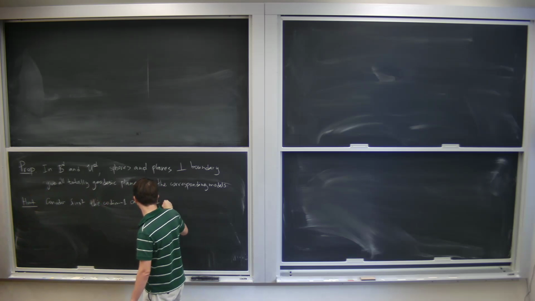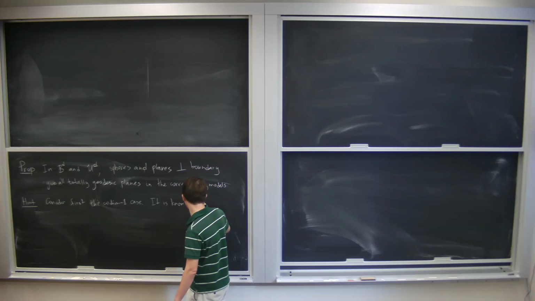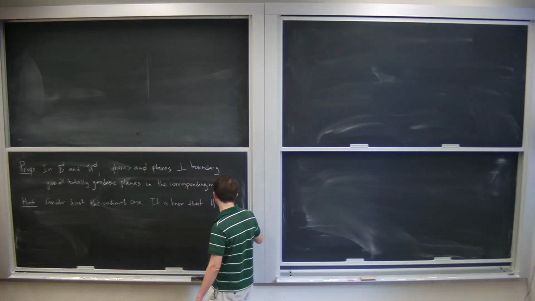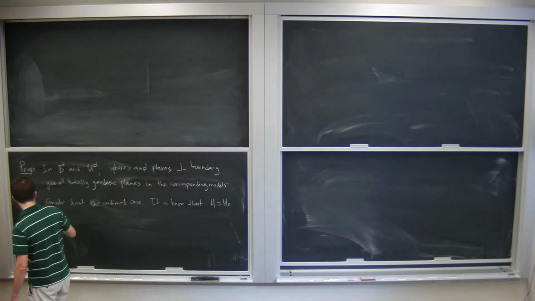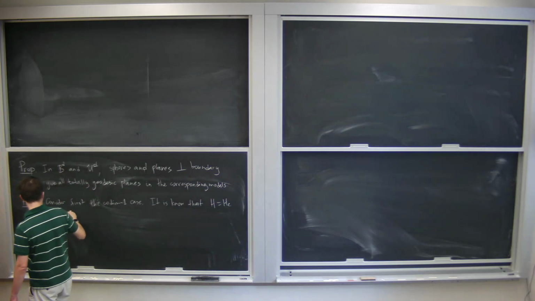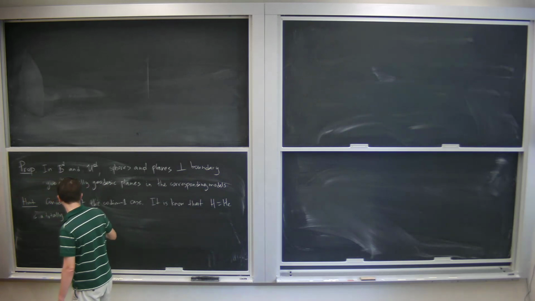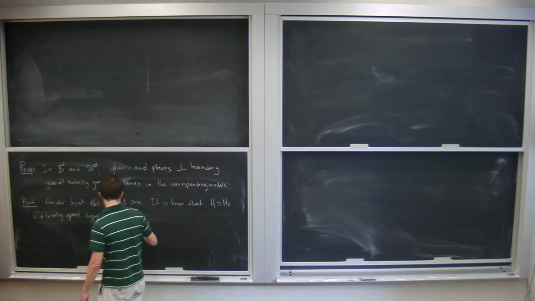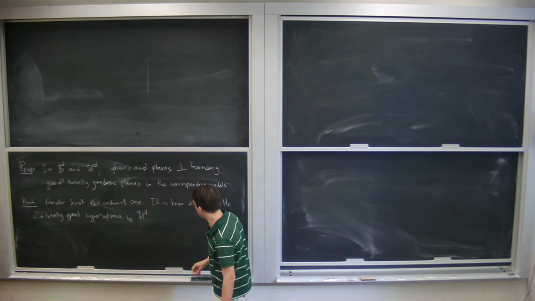It is known that H, which is H_E, is a totally geodesic hypersurface in the hyperboloid model, right?